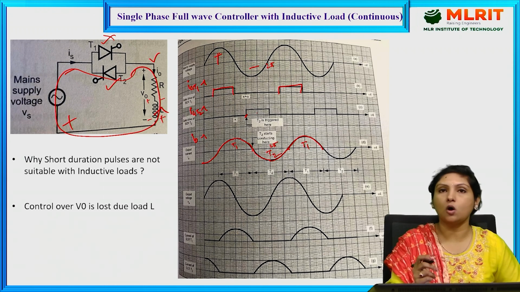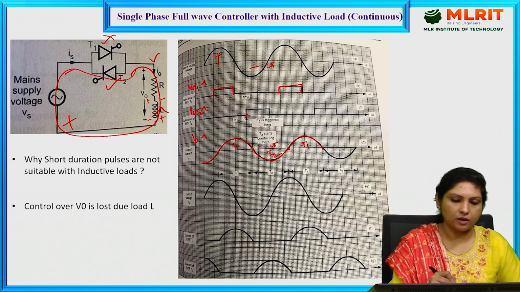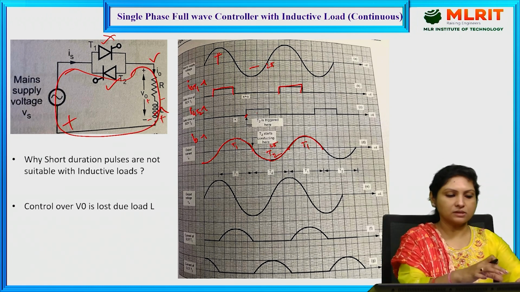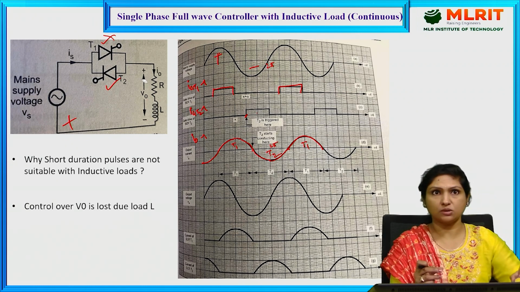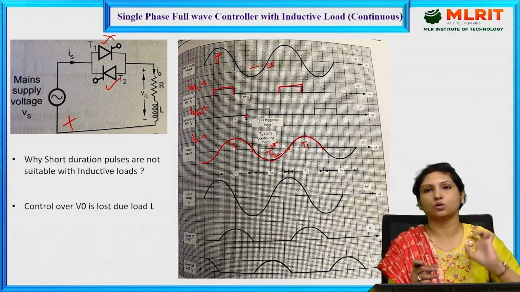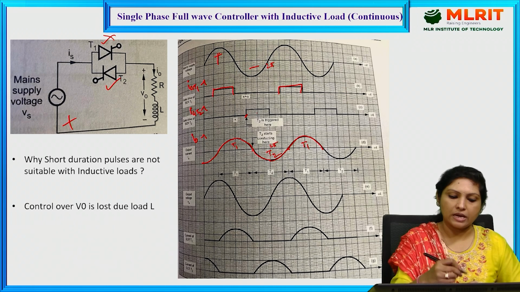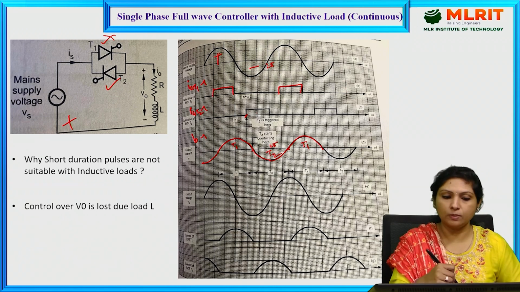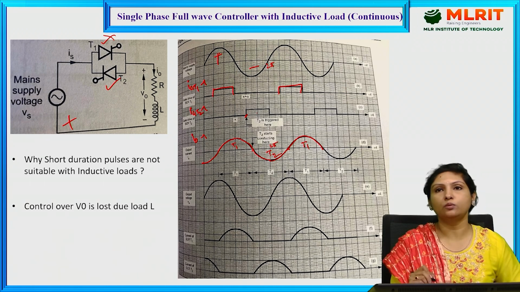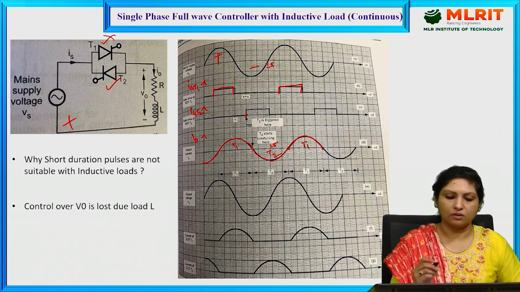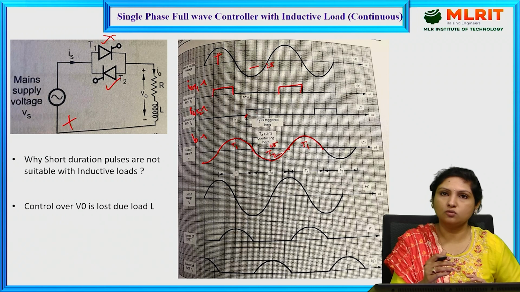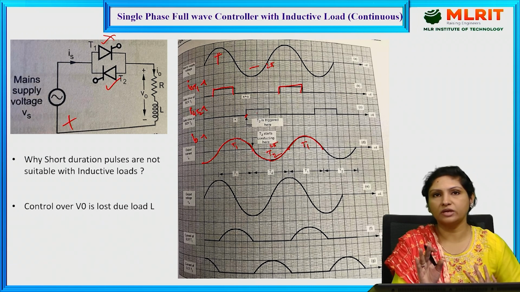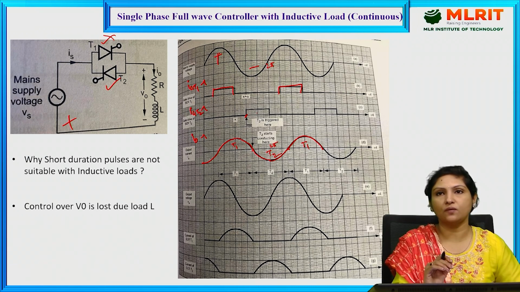Coming to the output voltage, whatever supply voltage we are feeding will appear across the load. That means the output voltage waveform will be seen as that of the input voltage in a full wave controller with inductive load. That means in an inductive load, we almost lose the control over the output voltage because of the very large value of the inductor.